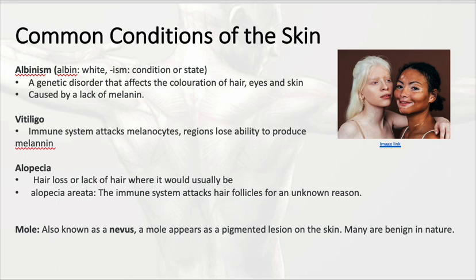Auto means self. The immune system is attacking your own cells and tissues and mistaking them as foreign, because our immune system's role is to attack foreign pathogens. But autoimmune disorders involve the attack of our own cells or tissues, mistaking them as foreign when they aren't.